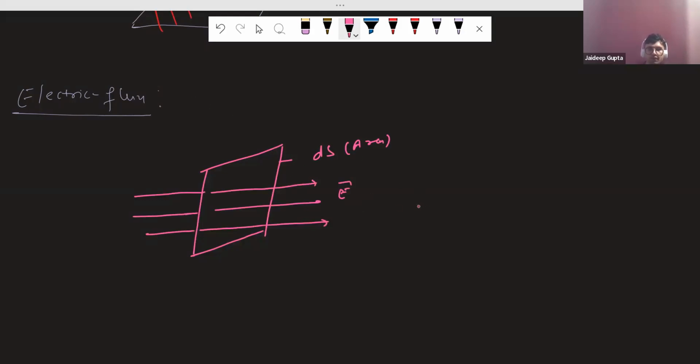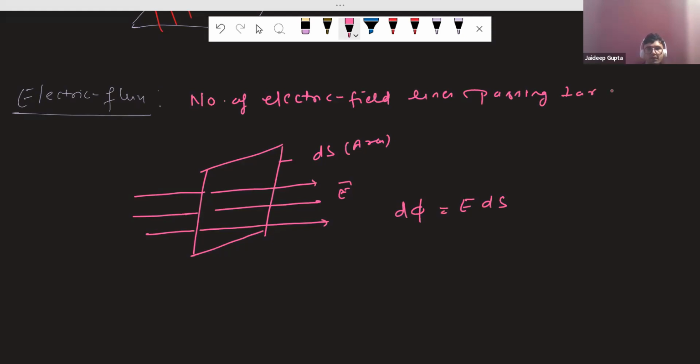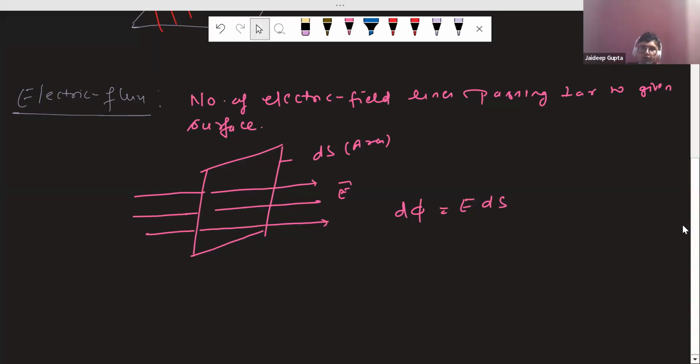So d phi equals E ds. So electric flux means the number of electric field lines passing perpendicular to the given surface. Fine. Known as electric flux. Is it okay, Iram?